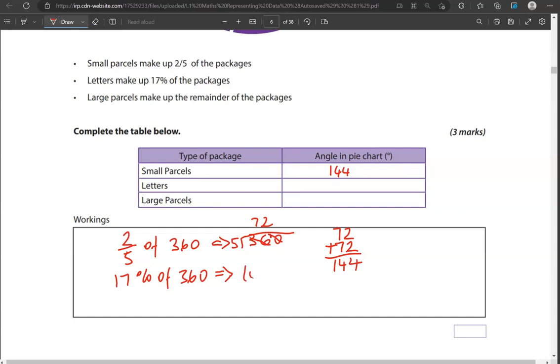So 10% of 360, that is 36. 5% of 360, that is half of the 10% amount, so half of 36 is 18. So we have 10%, we have 5%, so that makes 15. Now we need 2%, so we'll do 1 and 1.